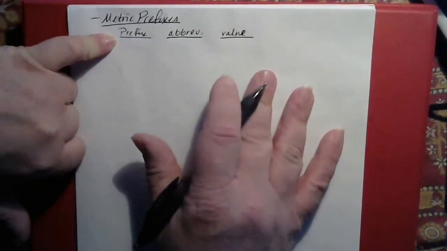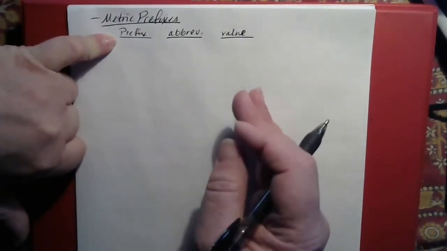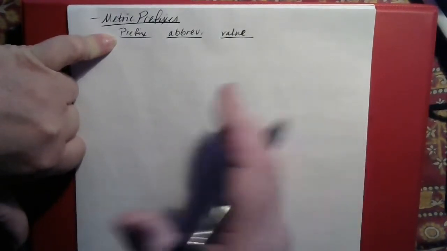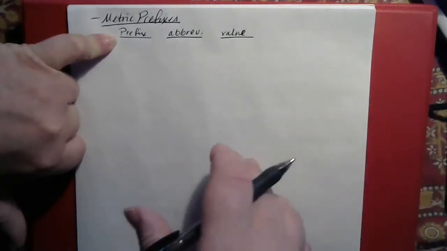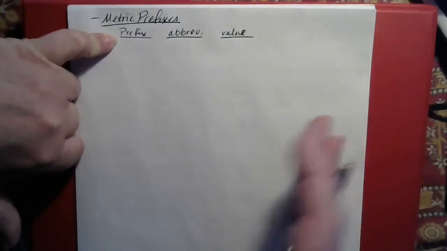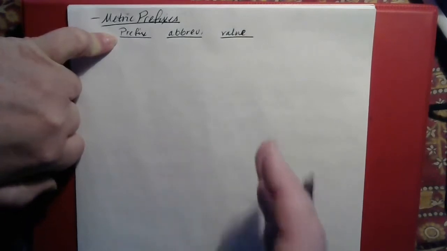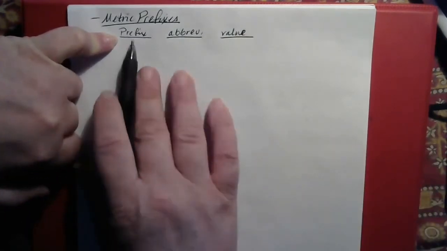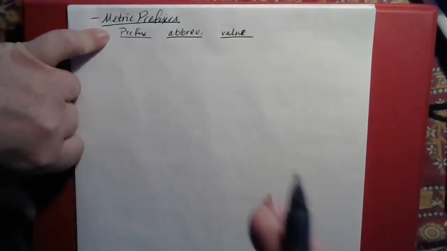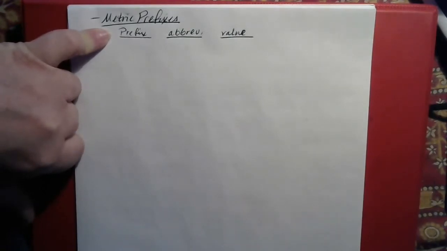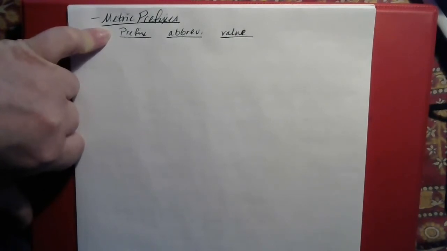This is different from the English system because, for one thing, in the English system, you go to a whole other unit, like ounces to gallons or inches to feet to miles. And in the metric system, you just change the prefix. So you go from millimeters to centimeters to meters to kilometers. It's just a matter of changing the prefix or removing the prefix.